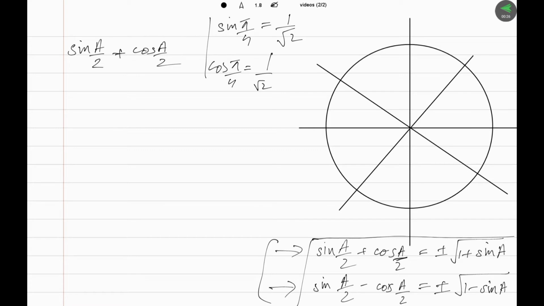Okay, so let's start with the first one. We have here sine A over 2 plus cosine A over 2. So we can write this as square root 2 times 1 over square root 2 sine A over 2 plus cosine A over 2 times 1 over square root 2. What we just did is multiply and divide by the square root 2.